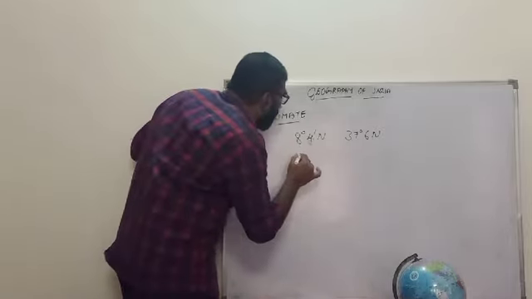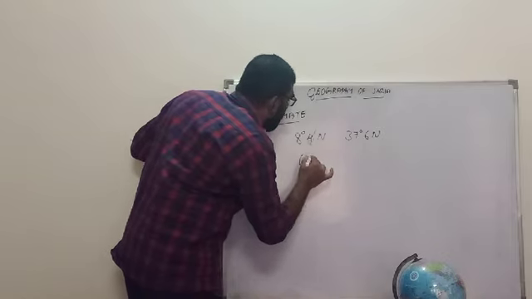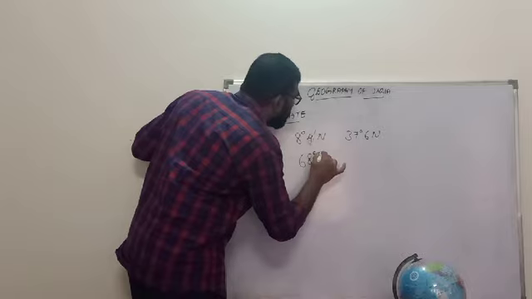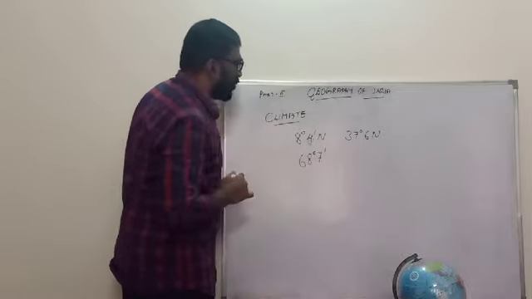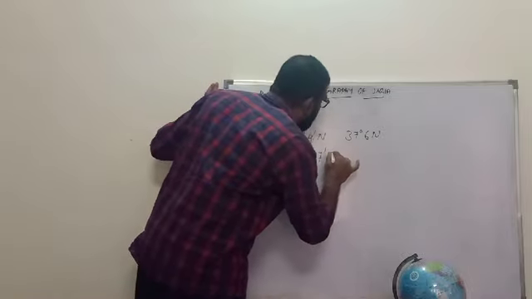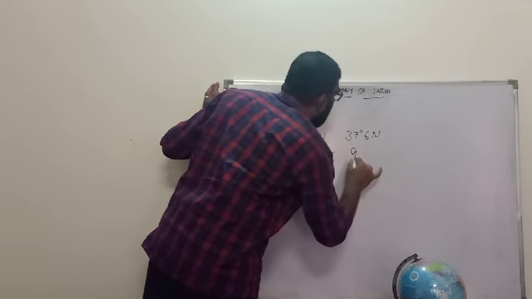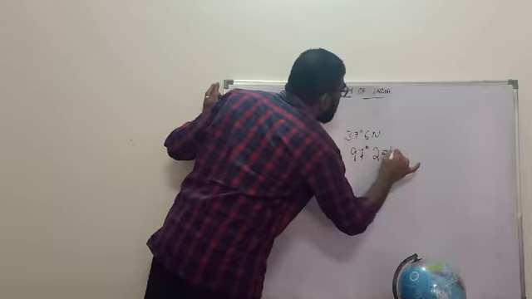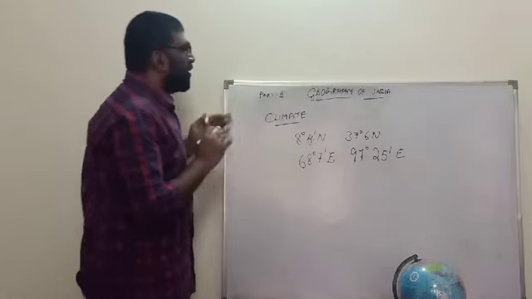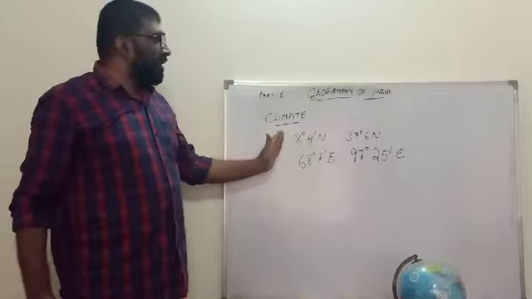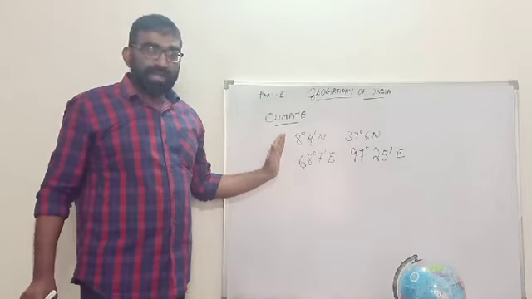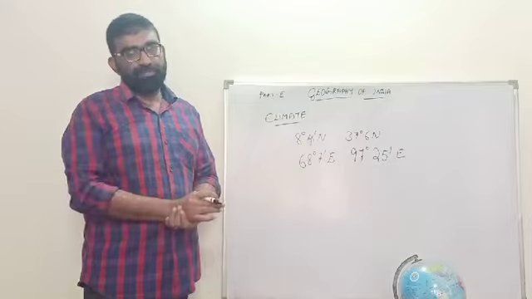And if we see the longitudinal extent, it is located 68 degree 7 minutes east to 97 degree 25 minutes east. Between these latitudes and longitudes, the subcontinent is located entirely in the northern hemisphere.